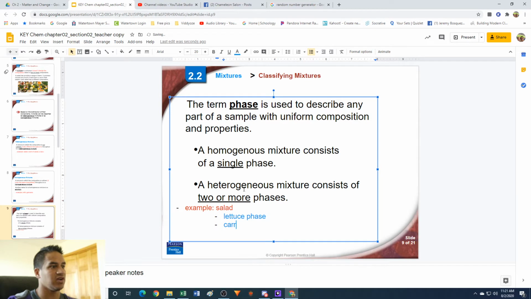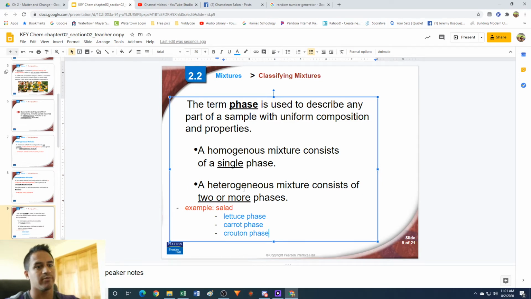You could have the carrot phase. You could have the crouton phase, right? I don't know how to spell crouton. So in a salad, there's multiple phases. And basically a phase is just describing one portion of the mixture that's all made of the same stuff. Okay, this is just how we can describe a mixture in better vocabulary, right?